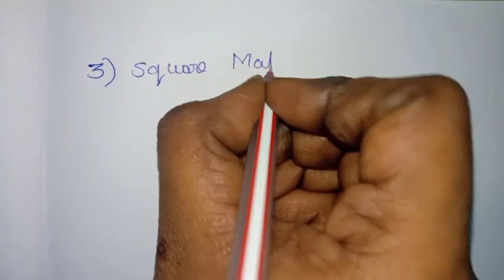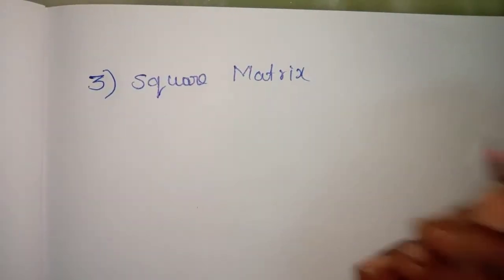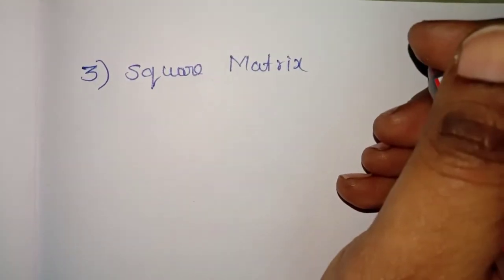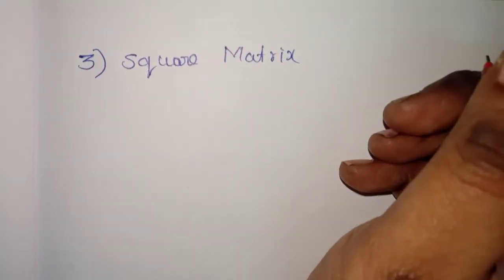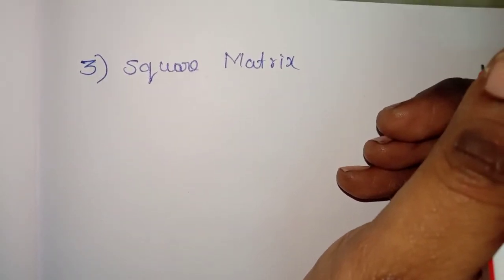Next, we are going to see the square matrix. For a square matrix, the number of rows is equal to the number of columns, that is, m equals n.